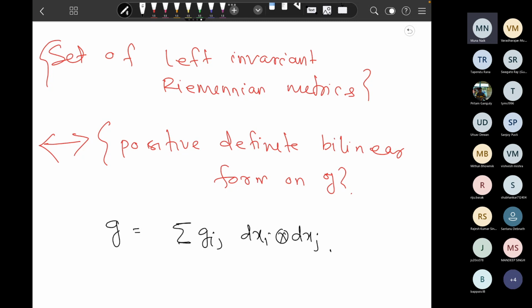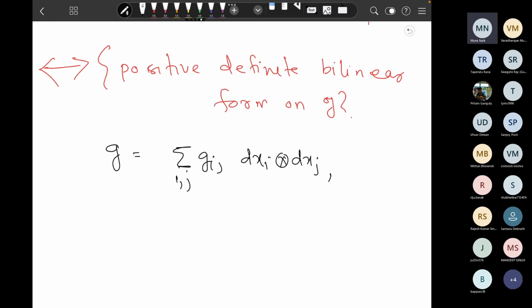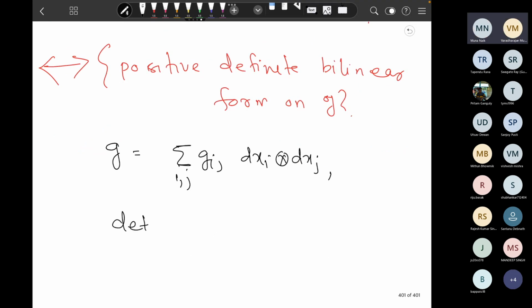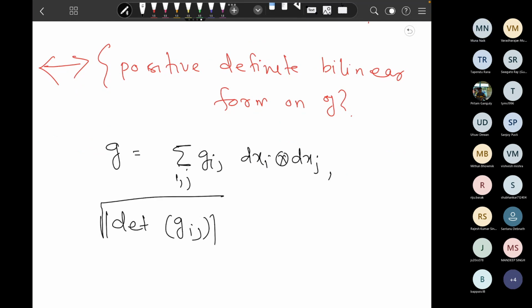You take the determinant of the matrix g_ij, then take the square root of the modulus, times dx1, dx2, up to dxn. Correct, this is the Riemannian measure. Okay, so this will be mu.